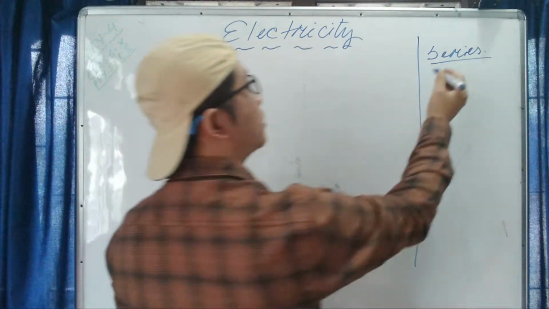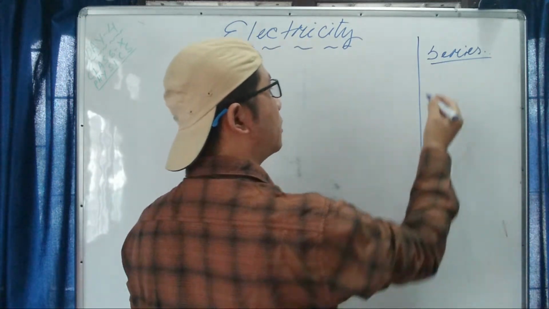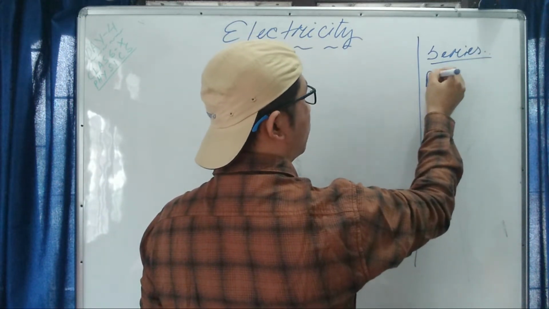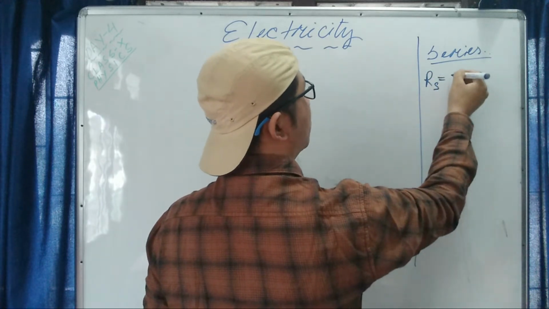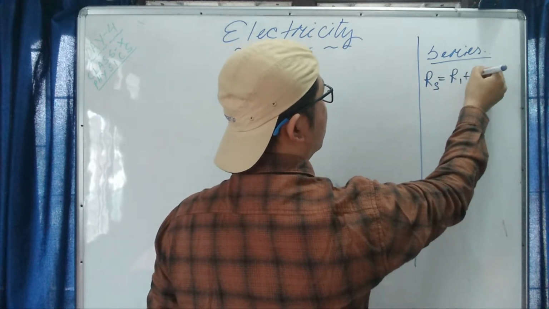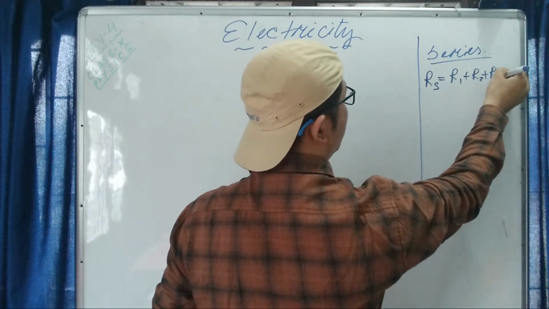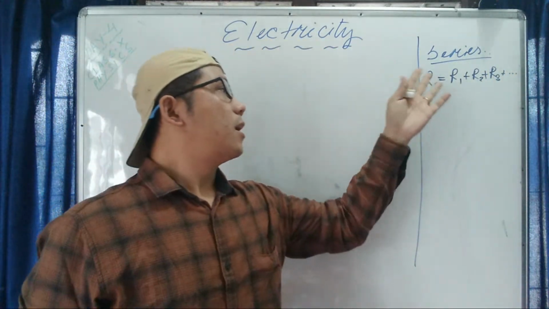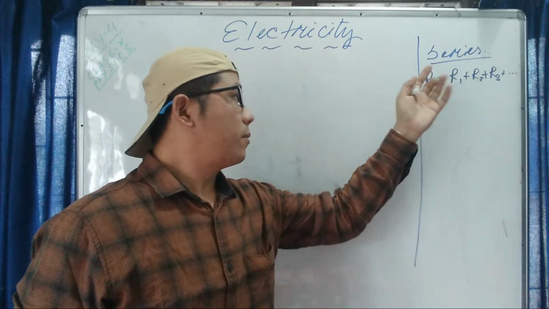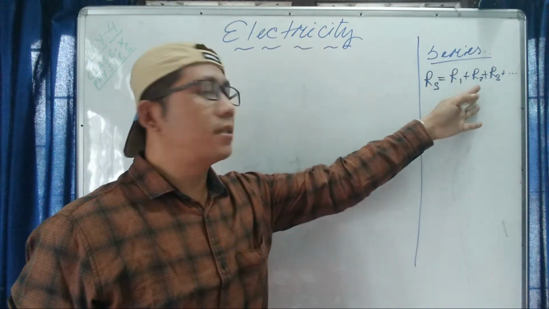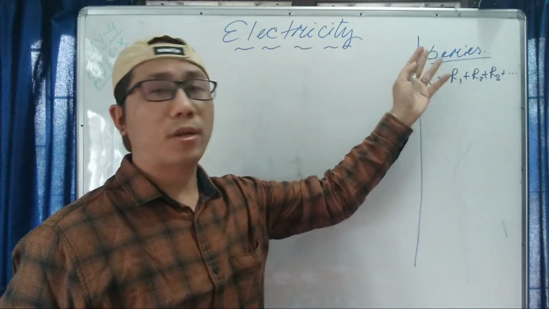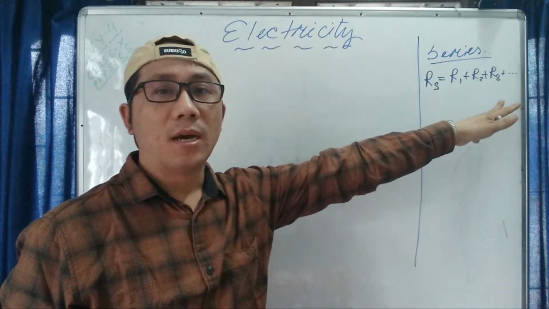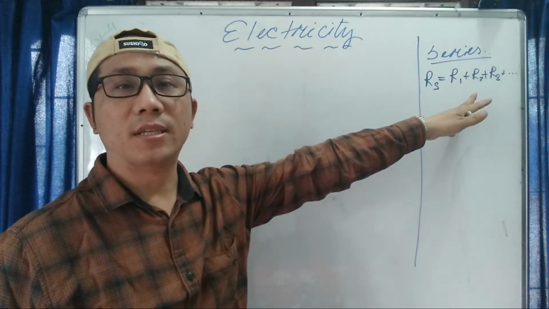In the series connections, we already learned that the equivalent effective resistance Rs is R1 plus R2 plus R3 plus dot dot dot. That means whenever we connect any resistances, more than 3 or more than 4, R4, R5, R6 and so on, they can come in this way.